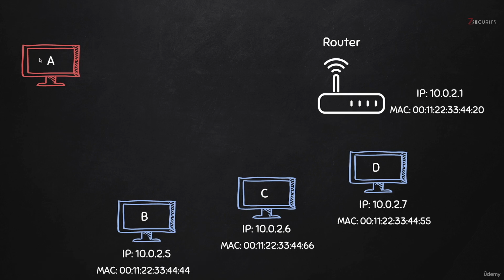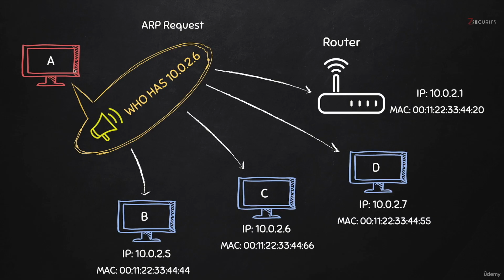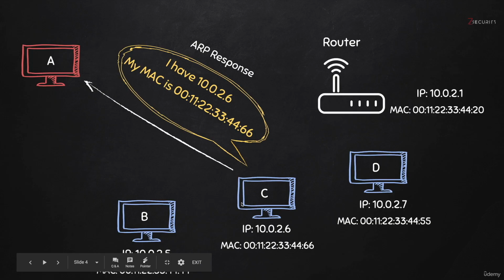So what this client does, it uses the ARP protocol. What do I mean by that? Basically, it sends a broadcast message. So it sends an ARP request to all the clients on the network saying, who has 10.0.0.26? Now, all of these devices will ignore this packet except the one that has this IP address, which is 10.0.0.26, which is device C. So all devices will not do anything, and the only device that will respond is device C, sending an ARP response.